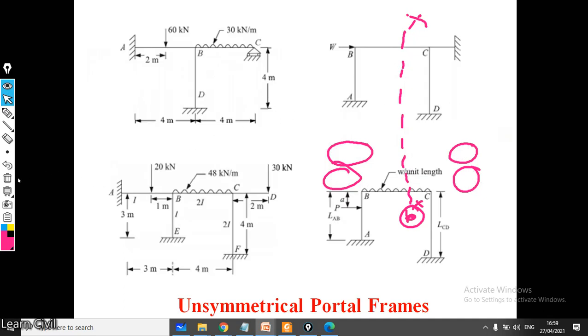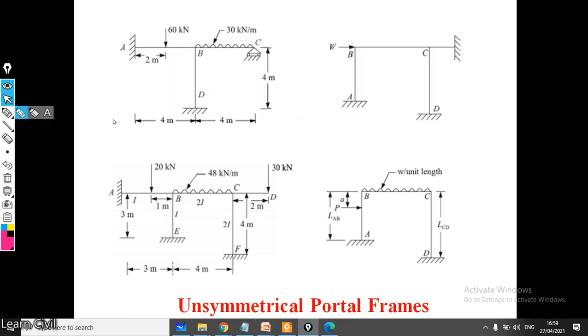Now if you see these frames shown here, let us consider the first frame shown. This is an unsymmetrical frame because there is no symmetry. If you again see frame B, the loading is unsymmetrical because there is no load from this side.